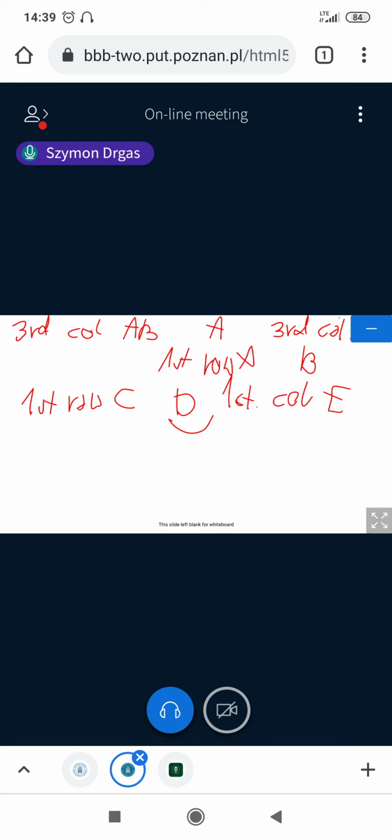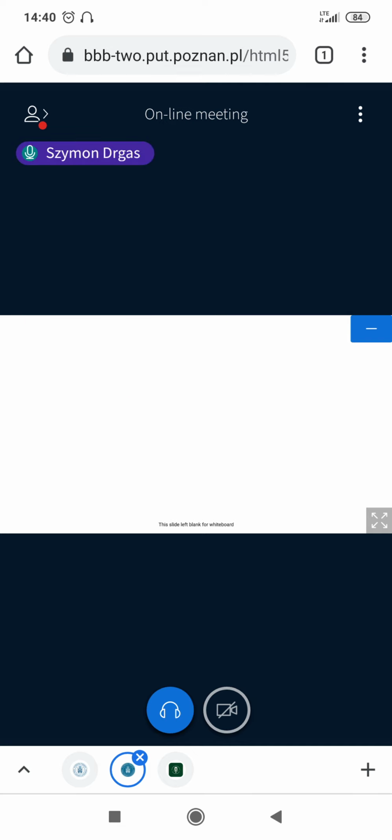Okay, then we have this task number 9, and it is about where this distributive law is checked. Yes, I haven't told you about this addition of matrices, but actually it is just adding of corresponding entries.